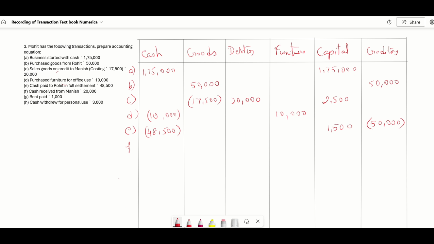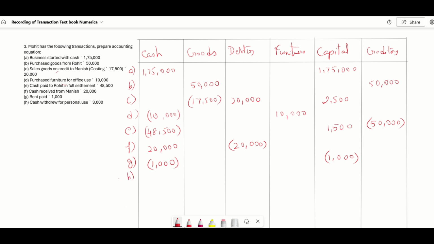And then we move to F. Cash received from Manish 20,000. Okay, so 20,000 is being paid by Manish. So here we will deduct. G, rent paid is 1,000. Okay, so this is an expense, so that we will subtract from the capital.